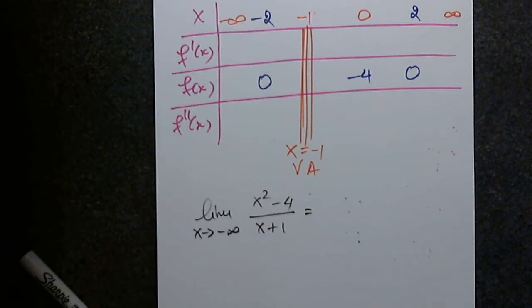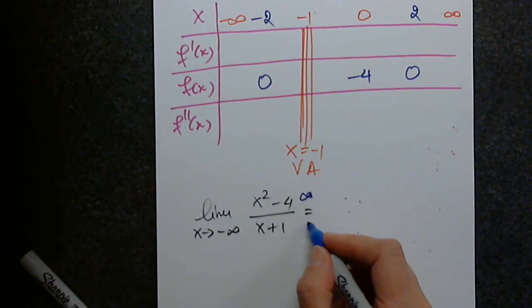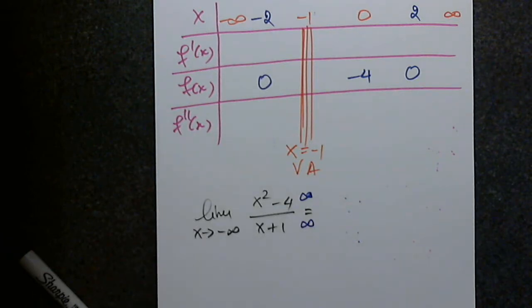Because I consider myself lucky if it's 0 over 0 or infinity over infinity. Where does the top go? Excellent. Where does the denominator go? Doesn't matter. Sign is not important.